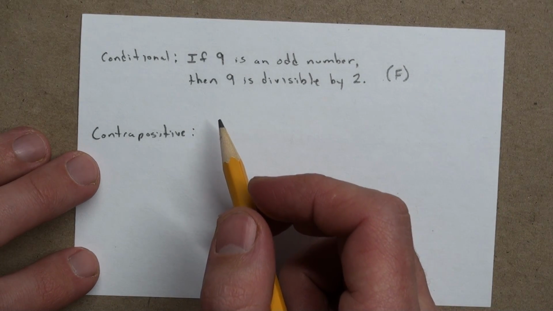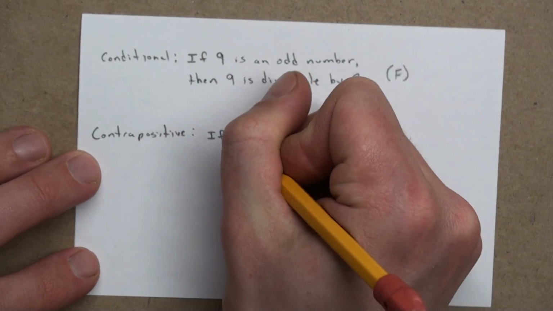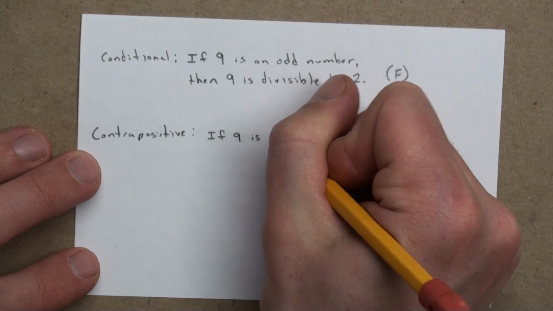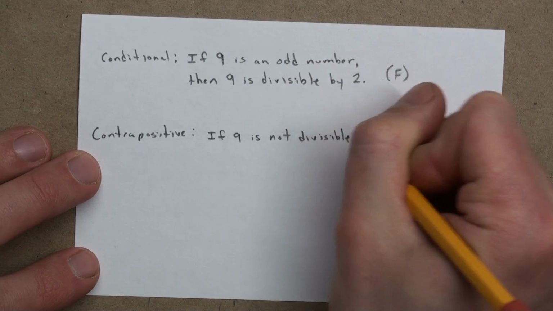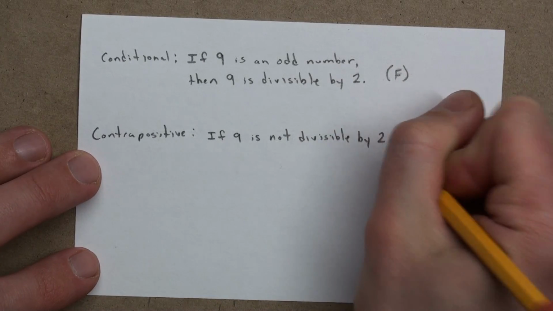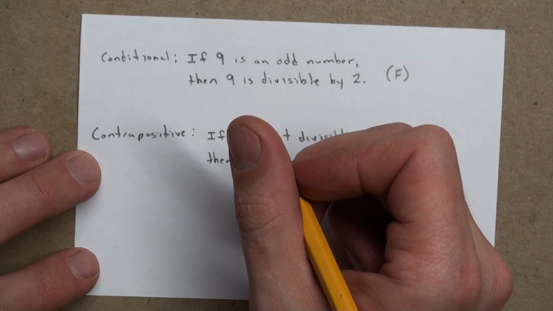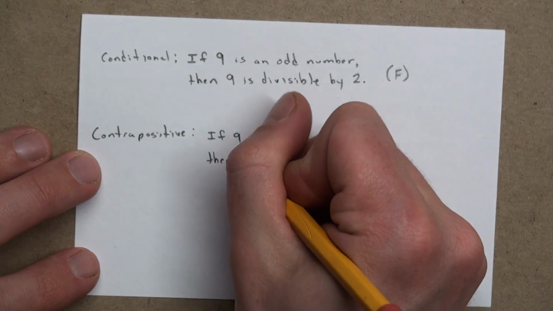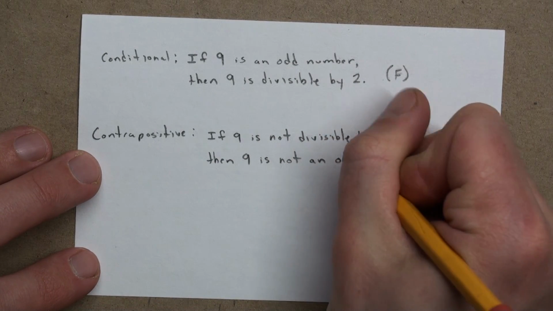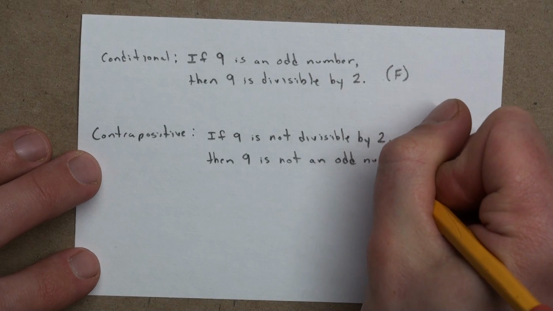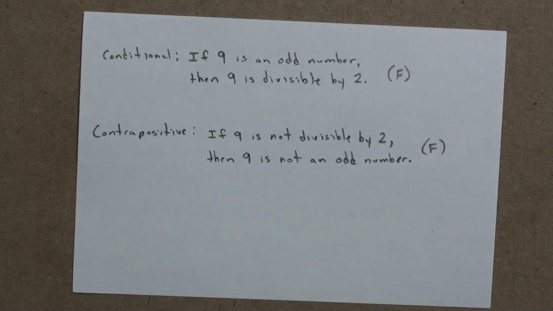So what we would write is, if 9 is not divisible by 2, see, we're negating and switching, then 9 is not an odd number. And this is also false. Alright?